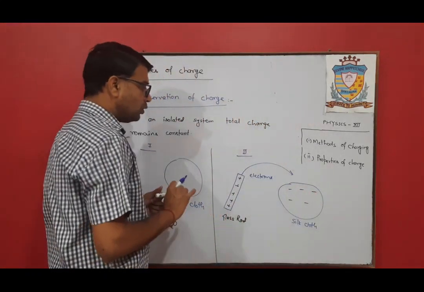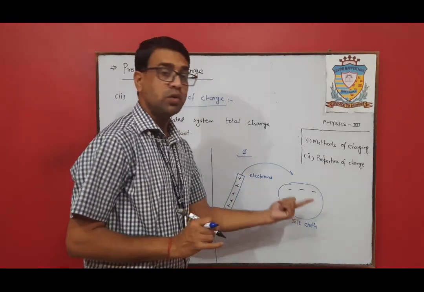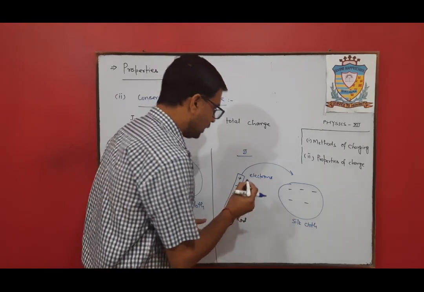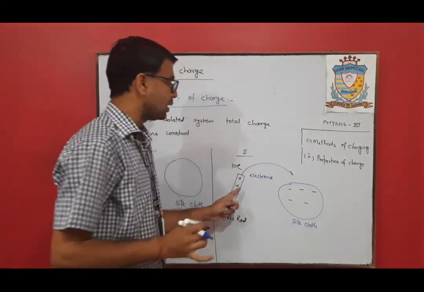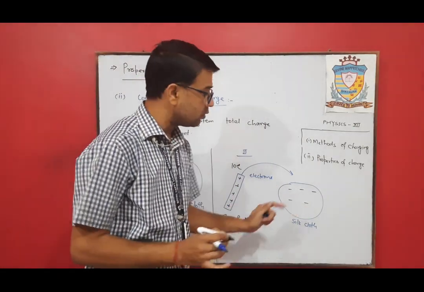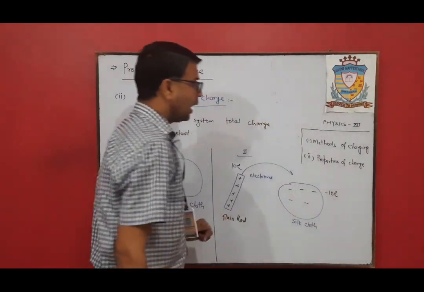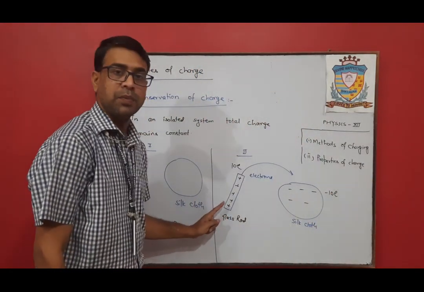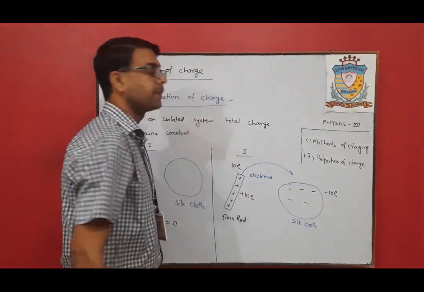Suppose the number of electrons moved from glass rod to silk cloth is 10. So the total negative charge appearing on silk cloth is minus 10e, and the total positive charge appearing on the glass rod is plus 10e.